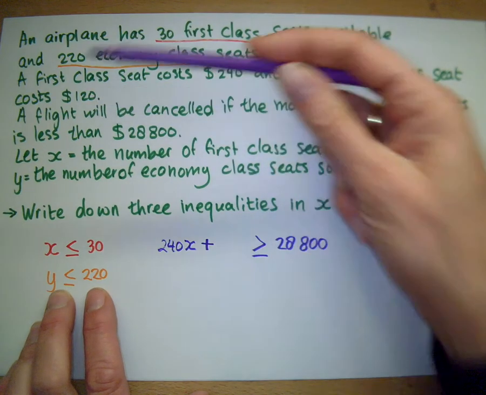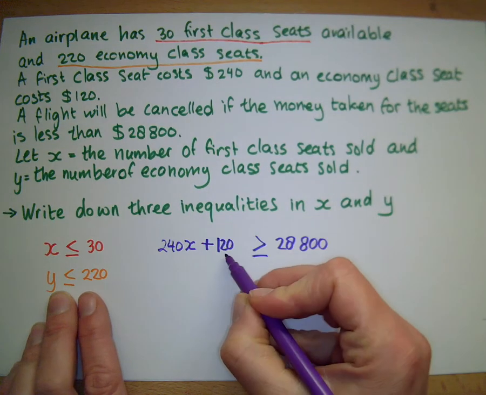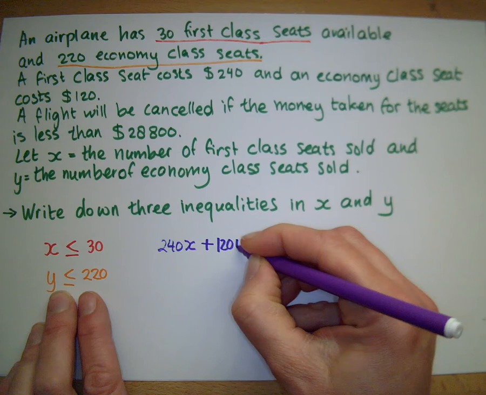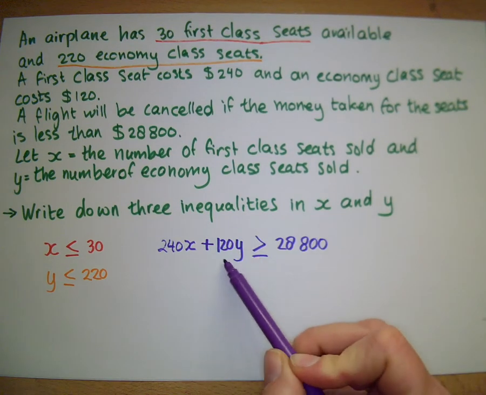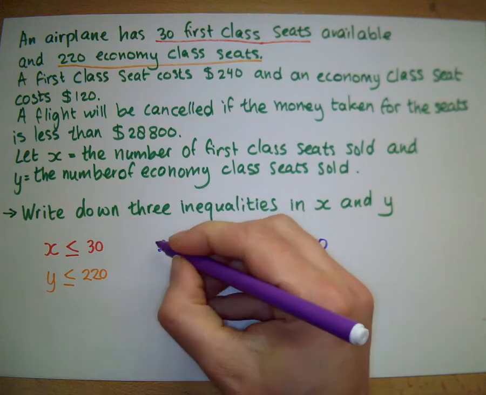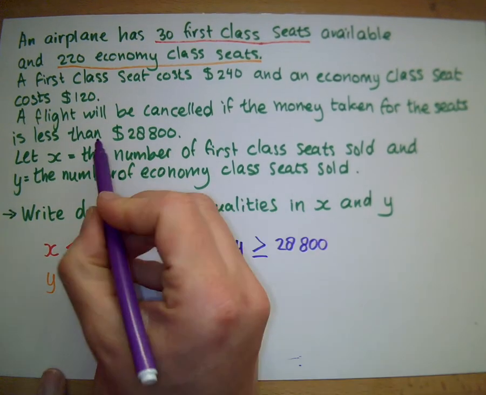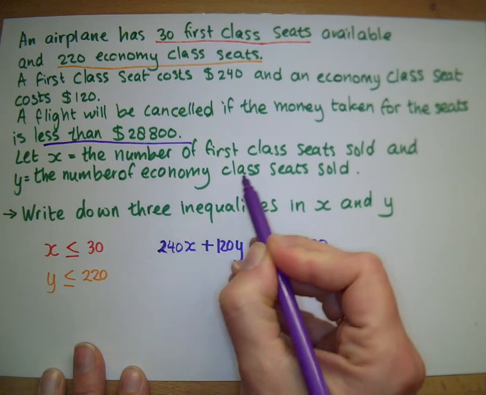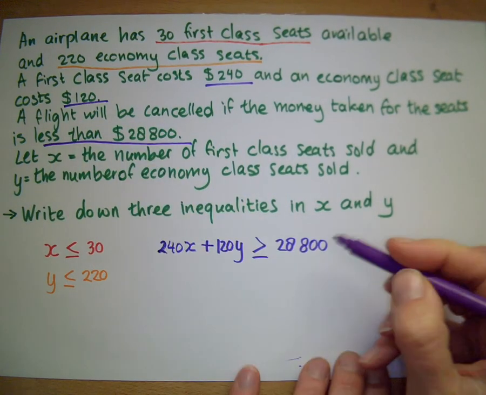So 120 times Y, $120 times the number of seats that we sell. That's what the economy class seats are going to bring in. This is our inequality that is using this information.